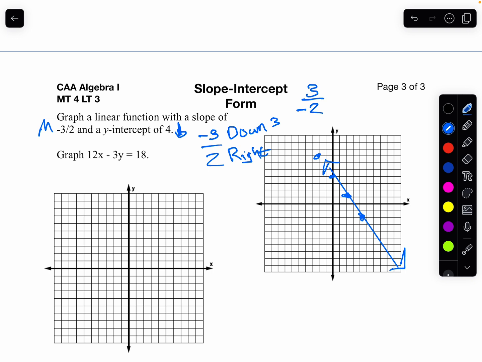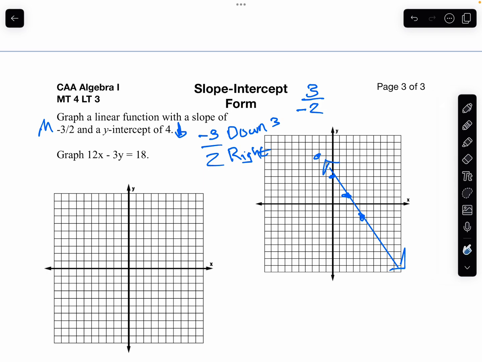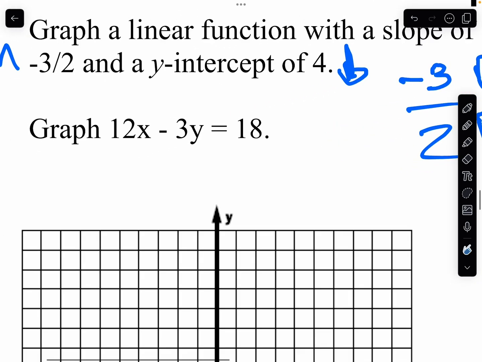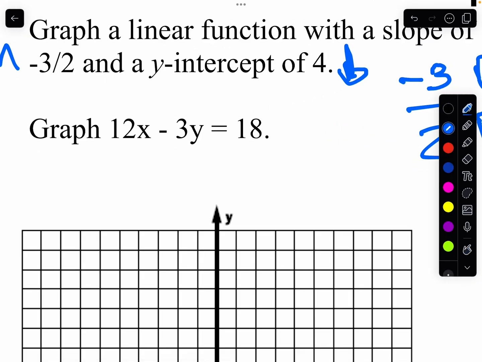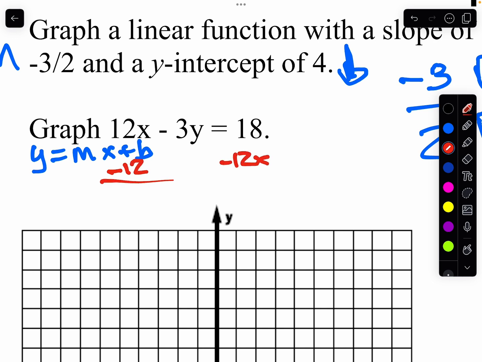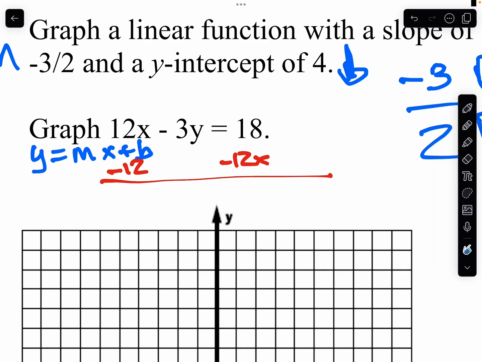Now on our next one, I want to rewrite that form like we did on the first page in slope-intercept form. So I want it to look like y equals mx plus b. So the first thing I'll do is I will subtract 12x from both sides. Like I said, I like to write my x first.